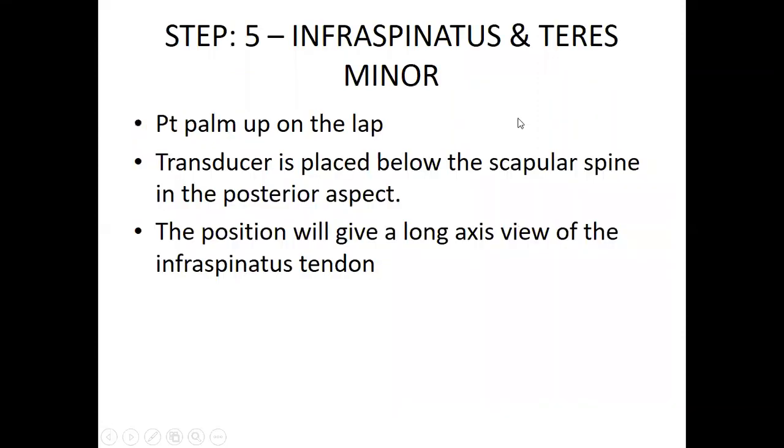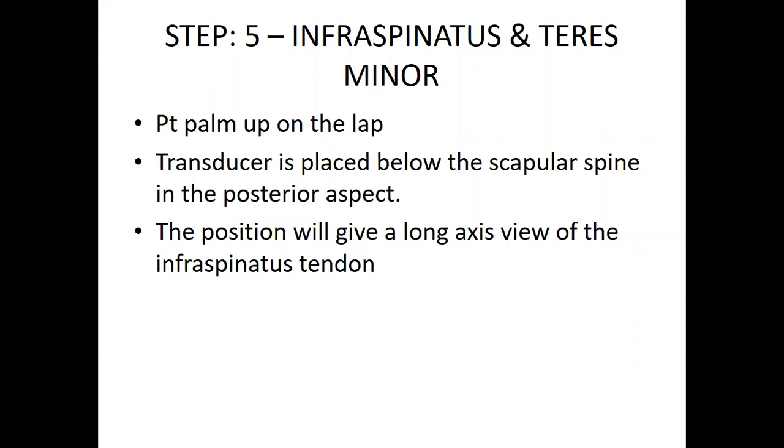Step 5, which is the last part, you want to pick the teres minor and the infraspinatus muscle. Now, in here, again, you want to see their tendon relationship with each other in relation to the rotator cuff.